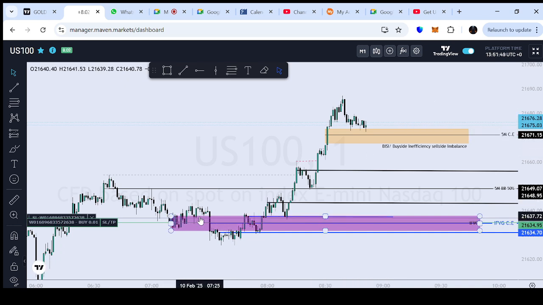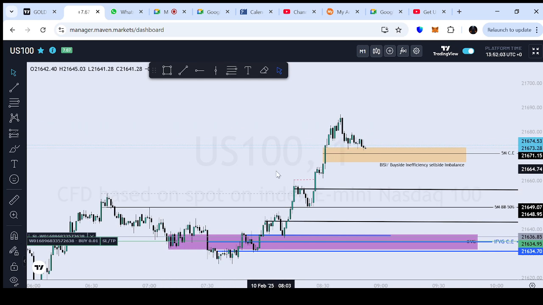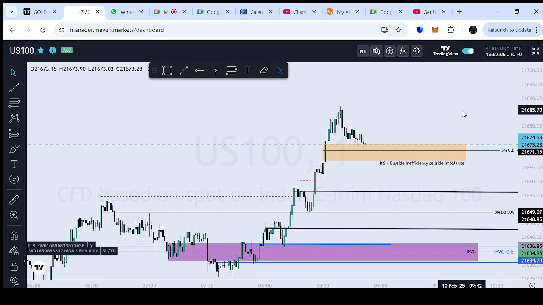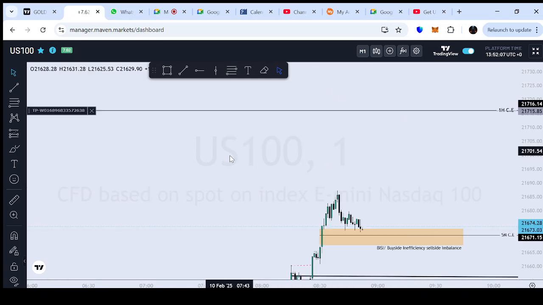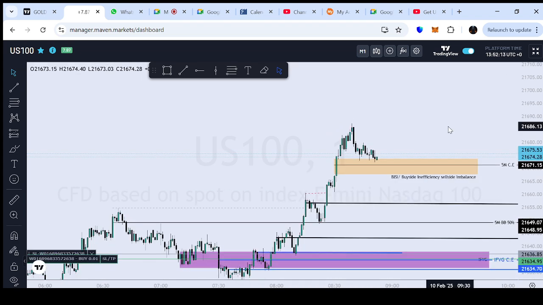That's the usefulness of break even. Take your stop loss to break even and let the trade ride. We have a target over here. That's your take profit at the 1 hour consequent encroachment, the 50% of the inefficiency.